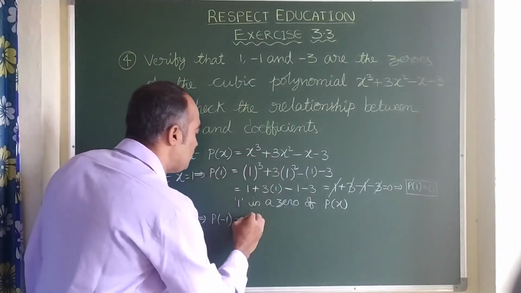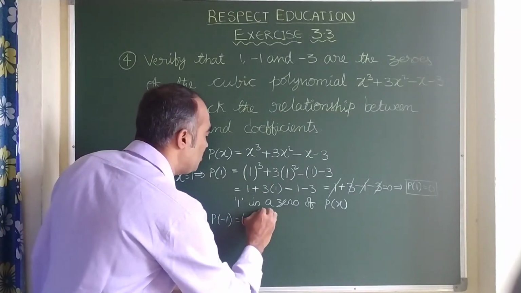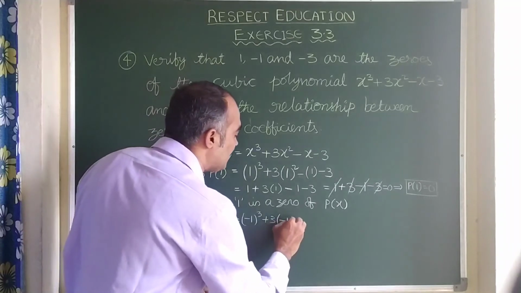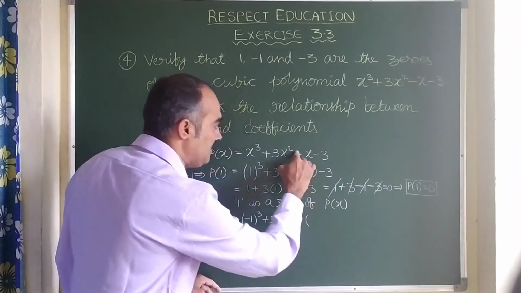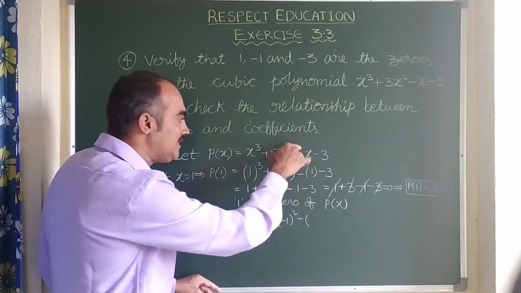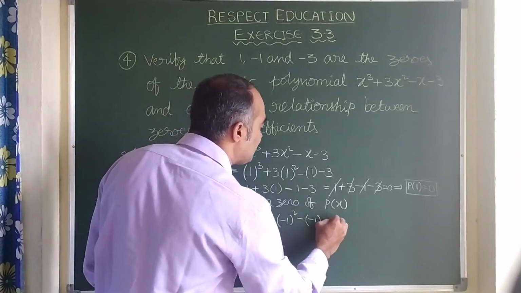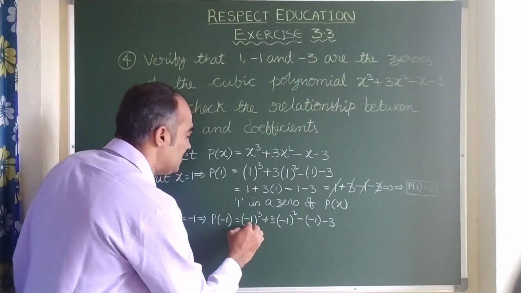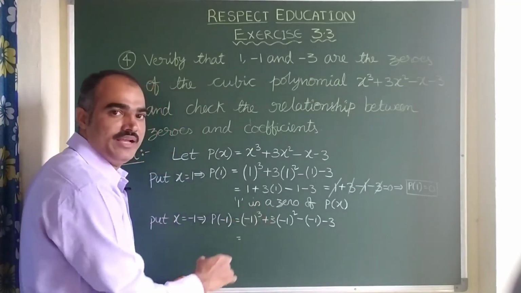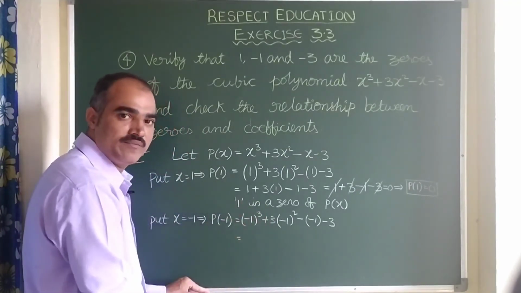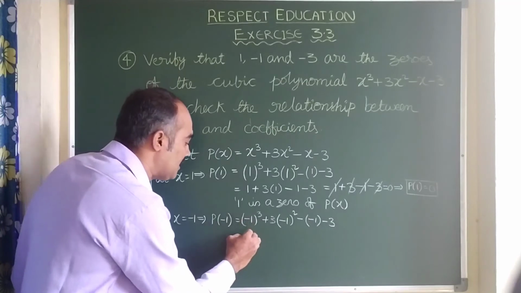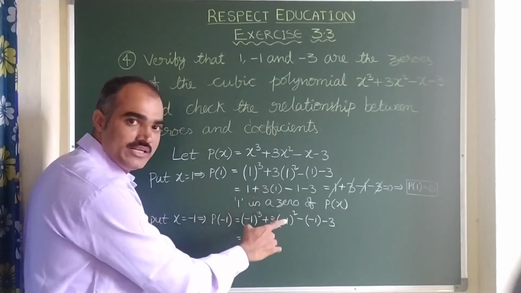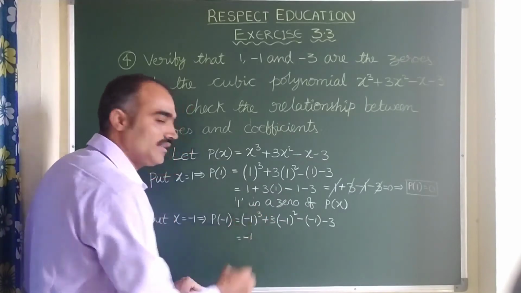So x cube means minus 1 whole cube, plus 3 into x square, minus 1 whole square, minus x, and x itself is minus 1, so minus of minus 1, then minus 3. Now let us simplify this. Minus 1 whole cube. Here the power is an odd number, so the minus sign stays. 1 cube means 1 into 1 into 1, so that is 1.